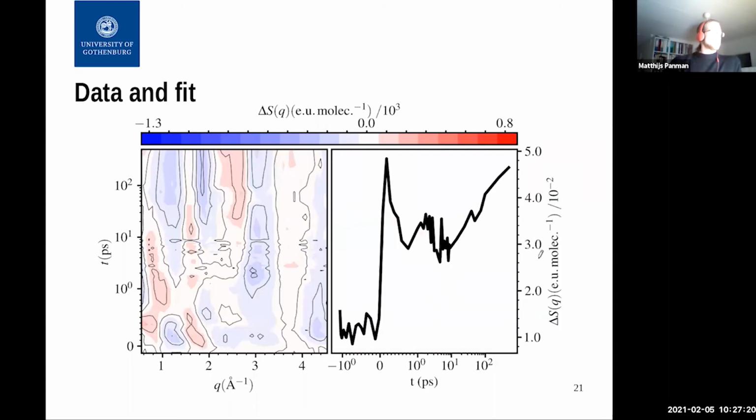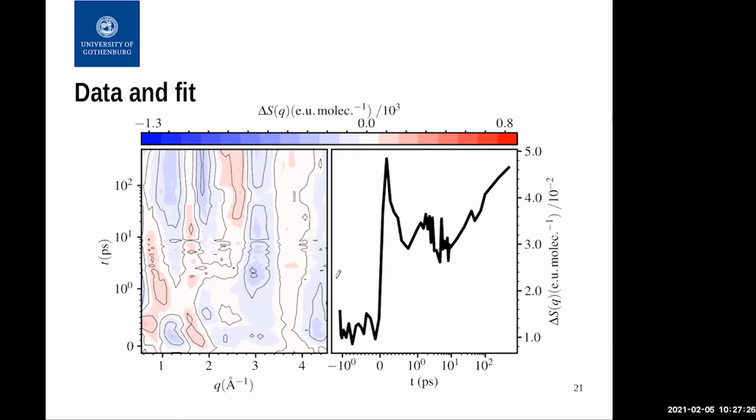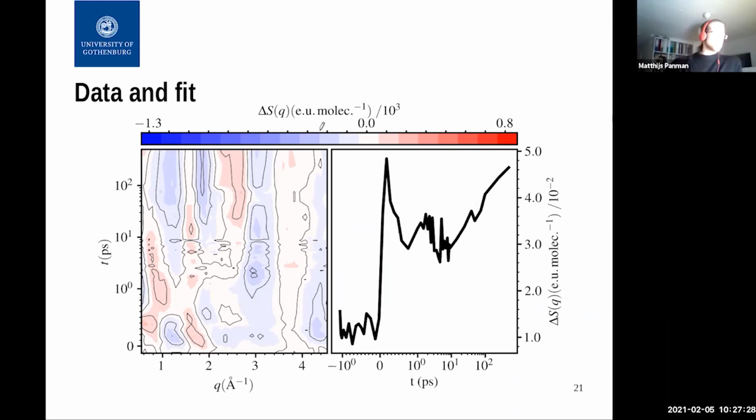Our model does miss a couple of features shown here by the residual, but this is approximately 5, maybe 10%, or at least 5% of the total amplitude. Shown here is the summed residual, so summed across Q, the absolute residual.